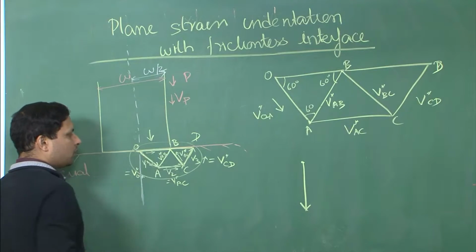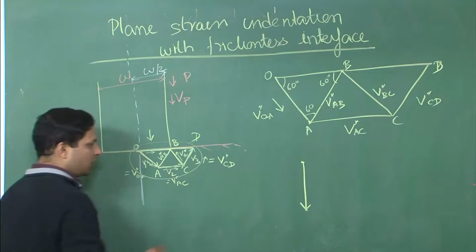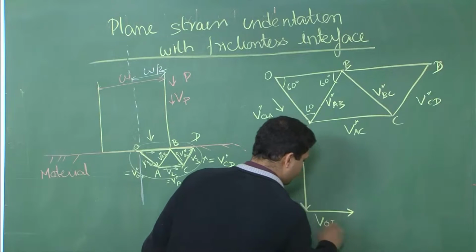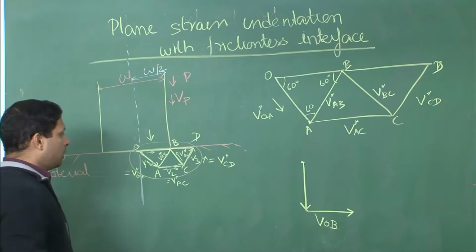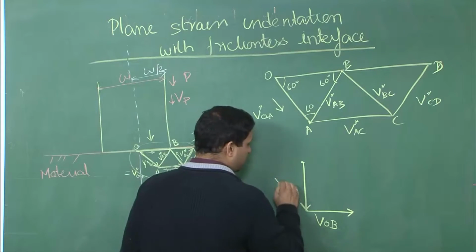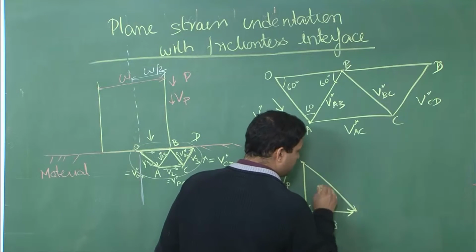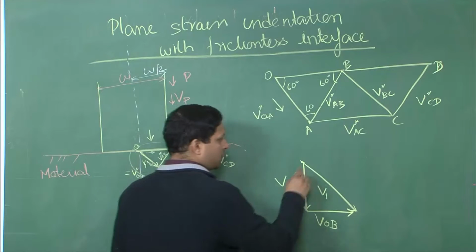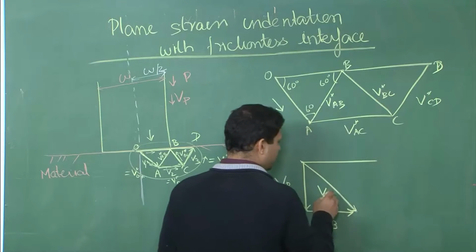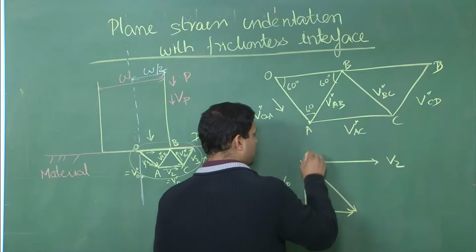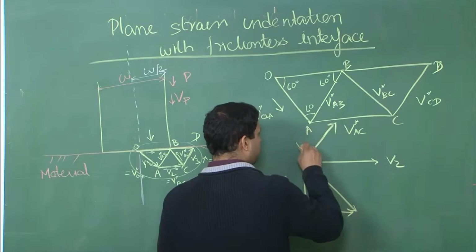Therefore, there must be a discontinuity velocity which we will represent as VOB. Now, we have this is Vp, this represents our V1. This is at 60 degrees, and at 60 degree to V1 we will have V2, and at even 60 degrees to this we will have V3.